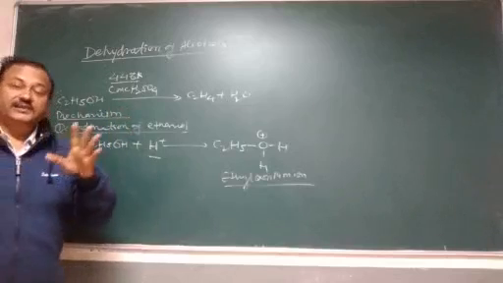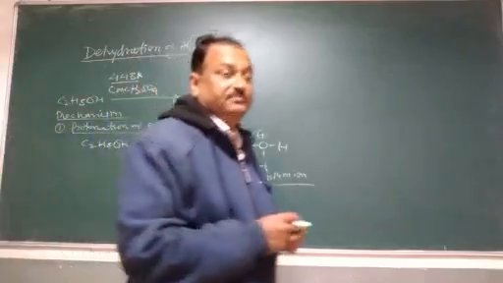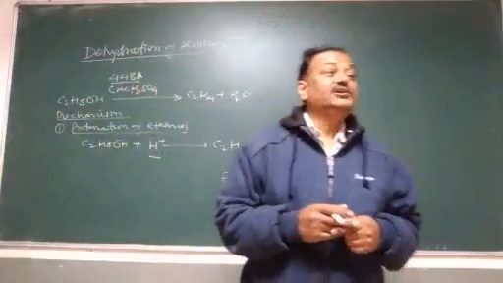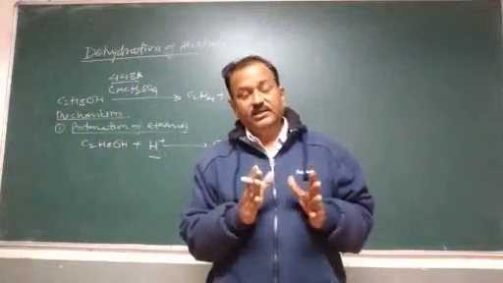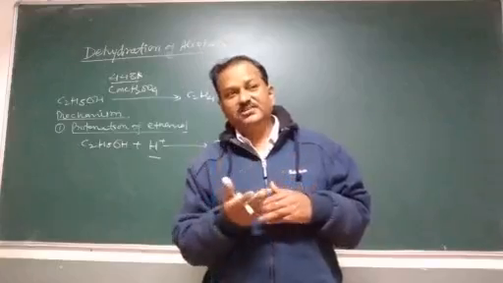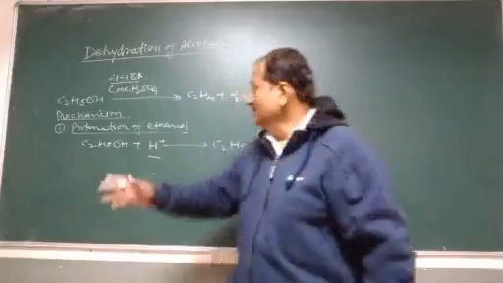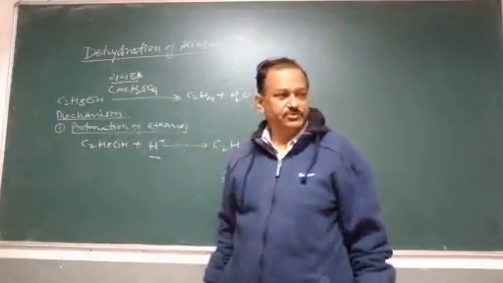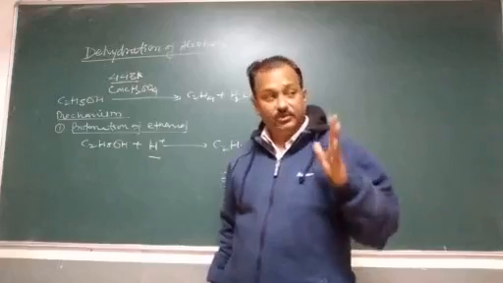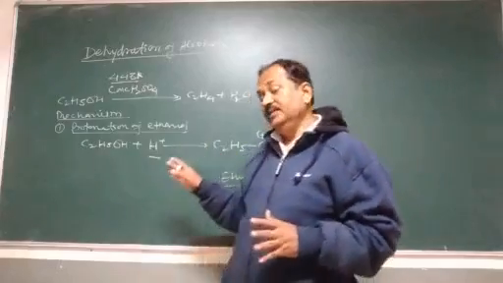Why can we not use nitric acid? Because nitric acid is a very strong oxidizing agent. It will oxidize the alcohol completely and will be a total waste. So we cannot use hydrochloric acid or nitric acid.